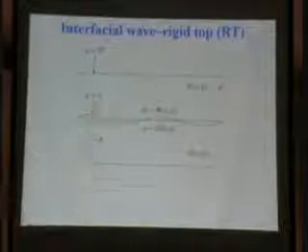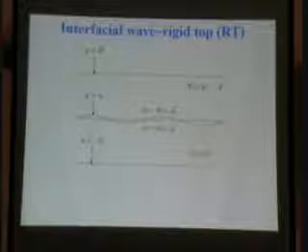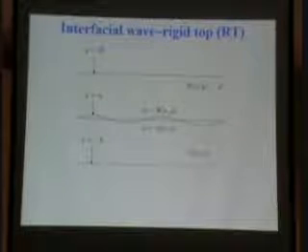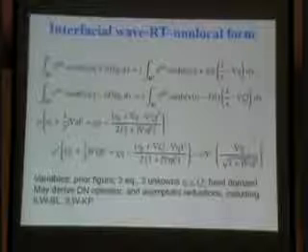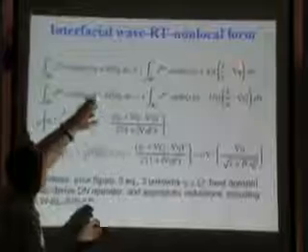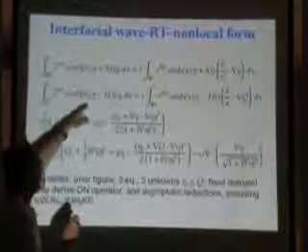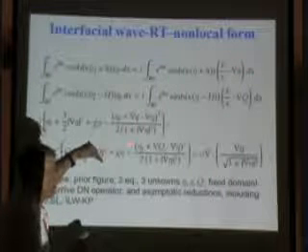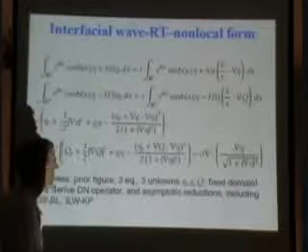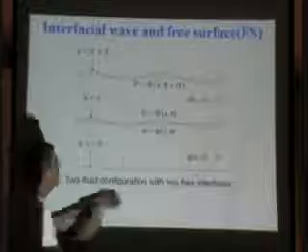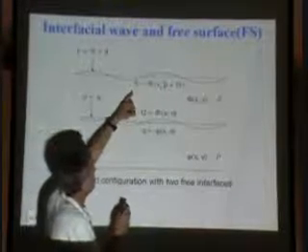We can find a non-local formulation: two non-local integral equations, eta and little q, that's what we had before, and then for the top one, eta and capital Q. And then a pressure control. We also can do two free surfaces. You have phi from the bottom.